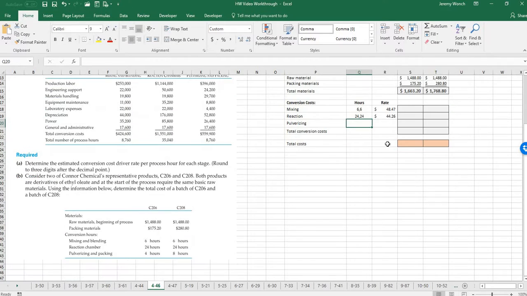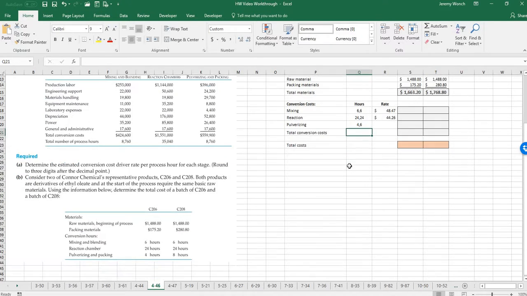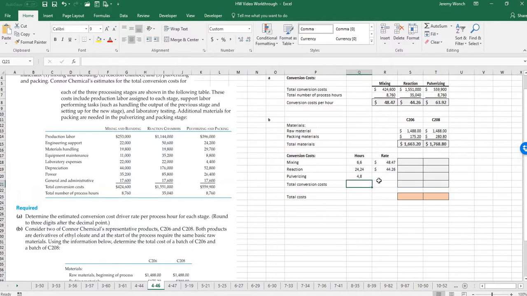Now for pulverizing, it takes 4 hours for the first product and 8 hours for the second one. The pulverizing conversion cost per hour is 63.92.